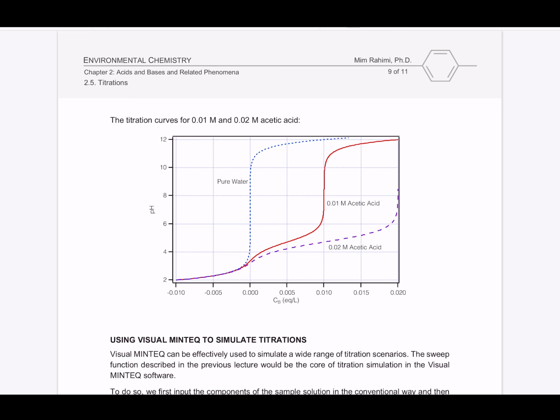So the middle point for this zone and this zone should both be the same, roughly the pKa.